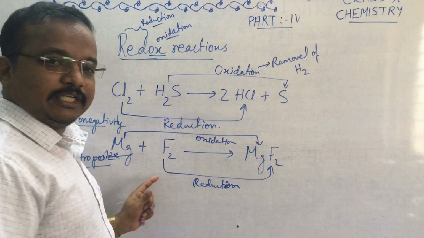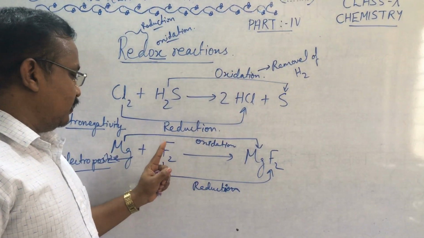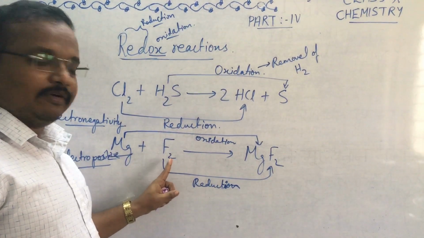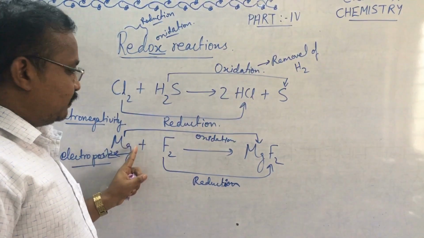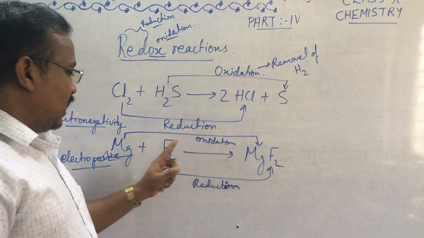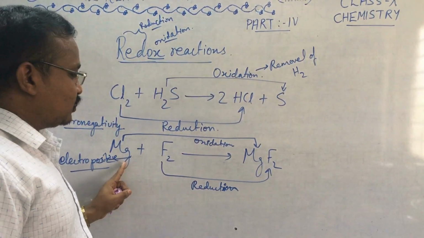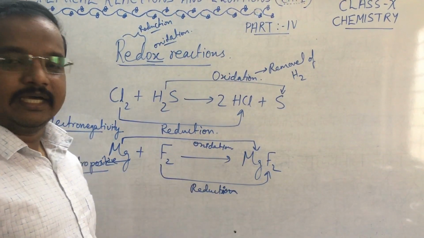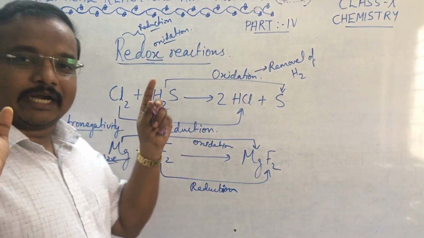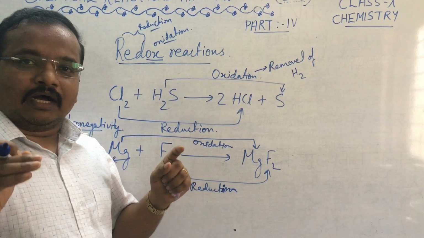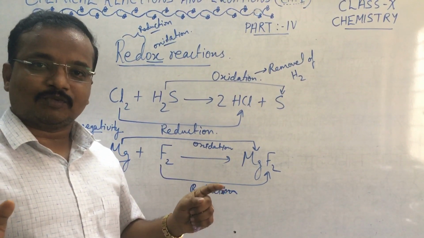In a reaction in which an electronegative element is added into a species, we call it oxidation. And if an electropositive substance is added into a species, we call it reduction. So we can sum up: redox reactions are reactions in which oxidation as well as reduction take place. Right?